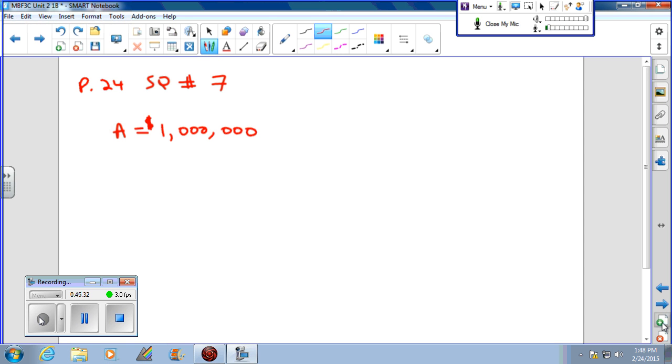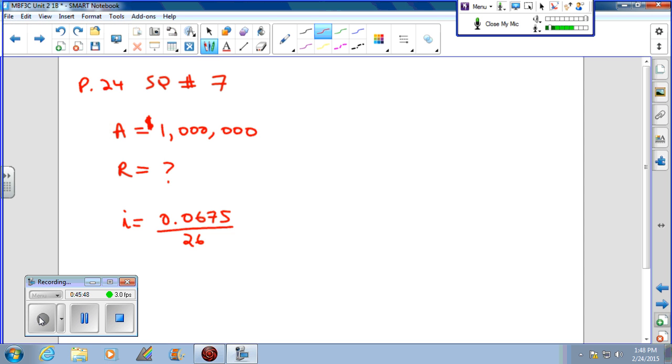Our R is the thing we don't know. Our interest rate is 0.0675, and biweekly, which is 26 per year.